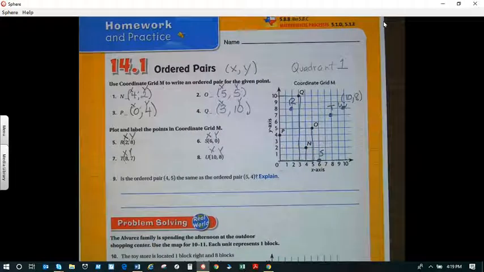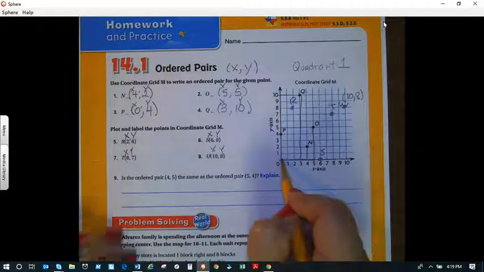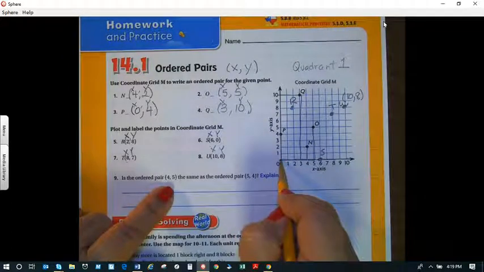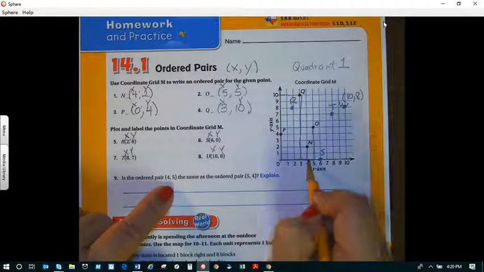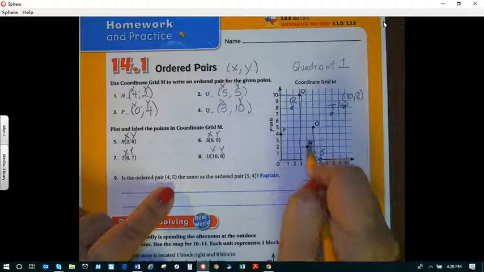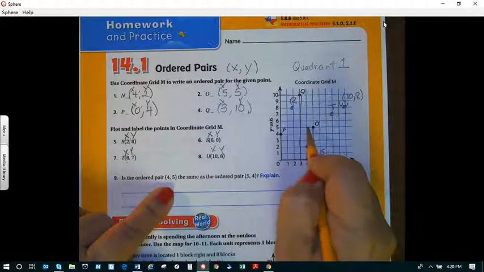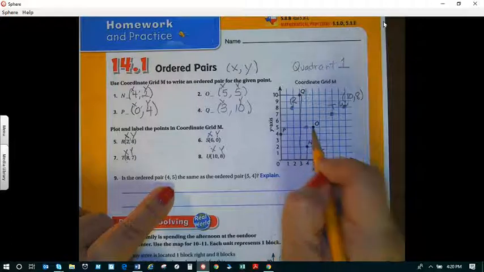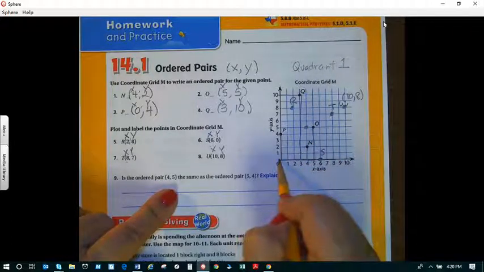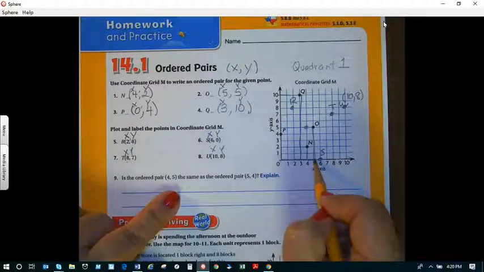All right, number 9. Is the ordered pair 4, 5 the same as the ordered pair 5, 4? Well, let's look. I'm going to move 4 units to the right, up 5. It'll be here. And the other one means I have to move 5 units to the right and up 4.